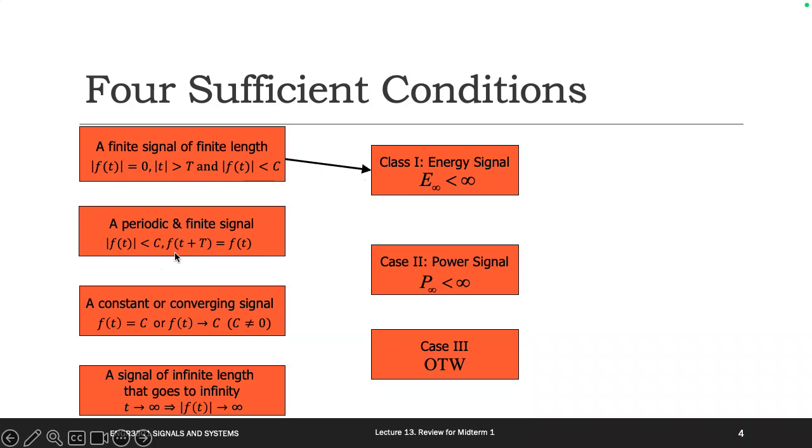The periodic and finite signal. Yeah, it's class 2. Just remember, almost periodic signals belong to class 2. Like I said, what does a finite signal mean?